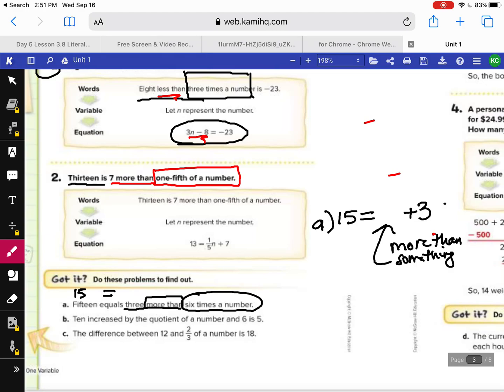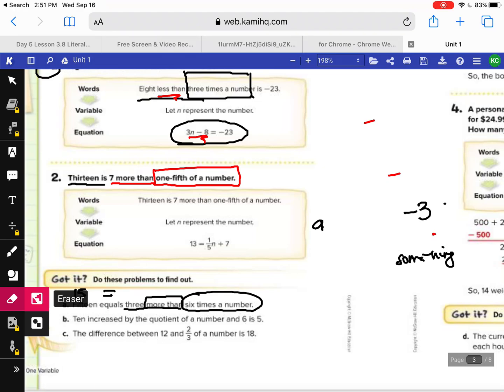So that something has to come first. 6 times a number plus 3 is the same as saying 3 more than 6 times a number. Okay, wonderful. Let's look at the next one.